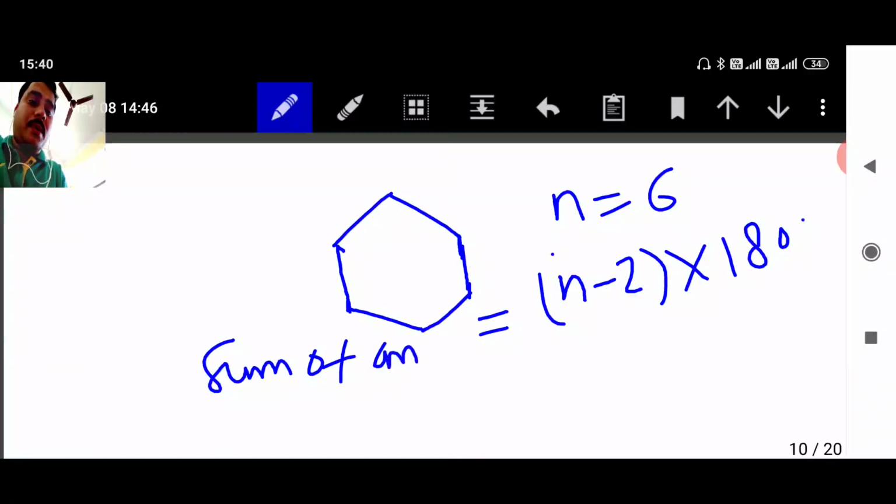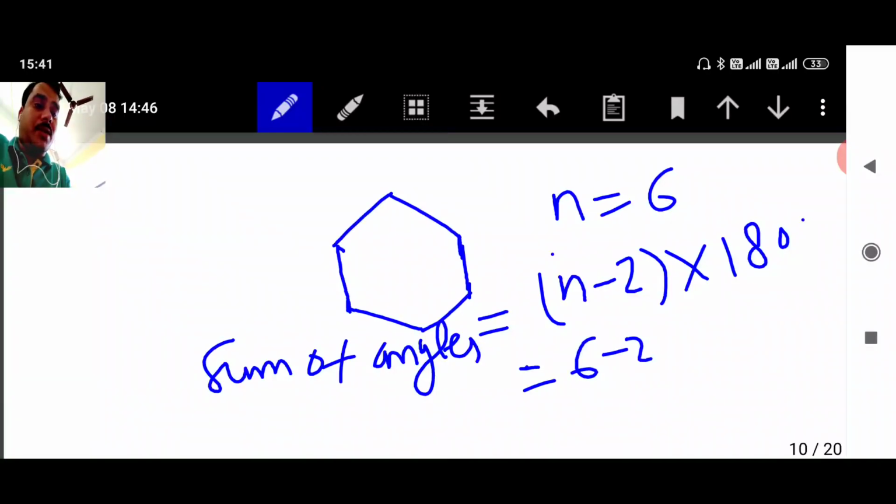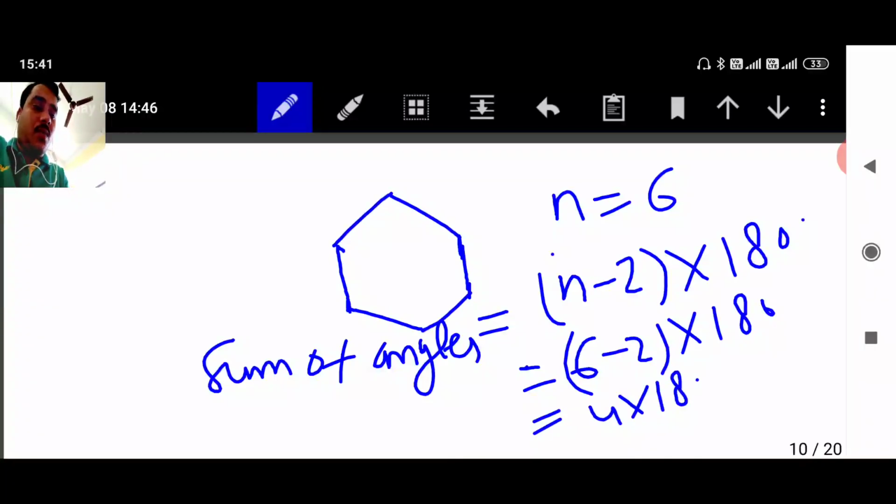Here n equals 6, so (6 minus 2) times 180, we get 4 times 180 equals 720 degrees.